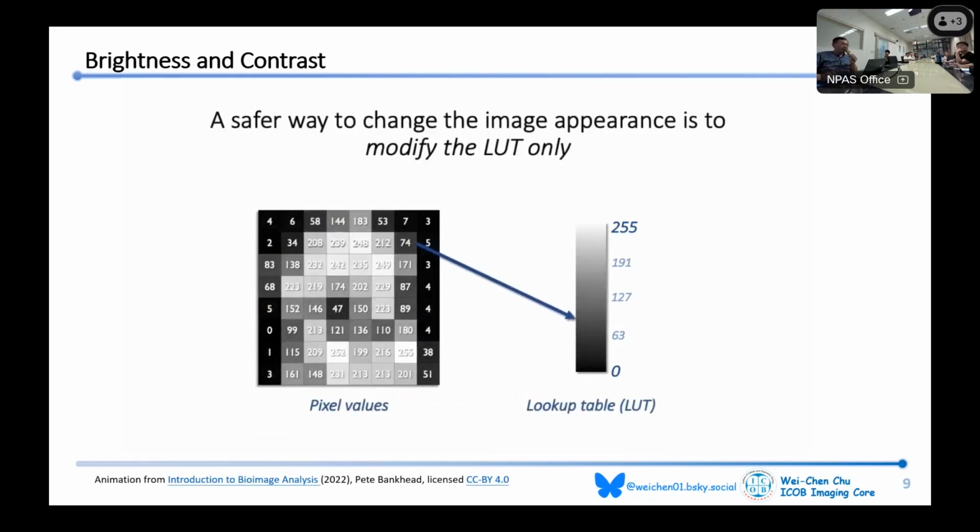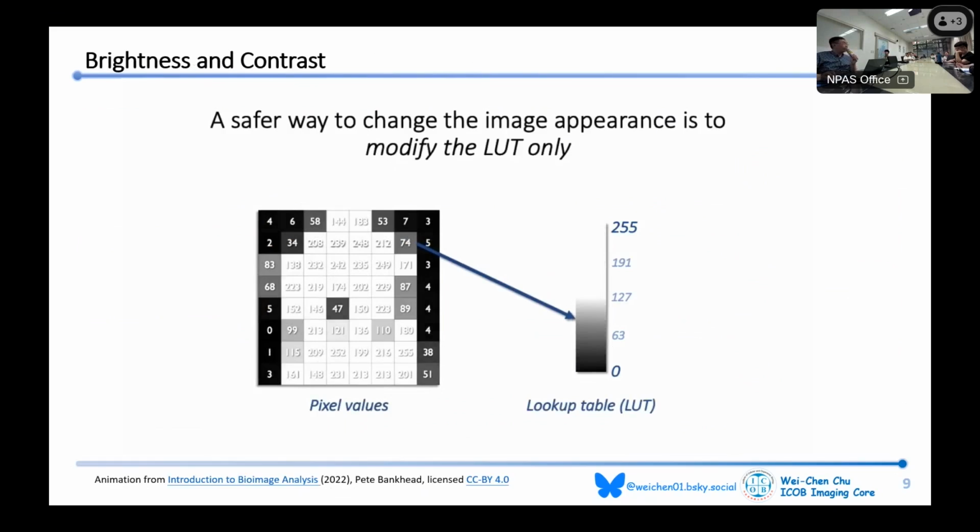The safe way to increase the brightness is to change the lookup table. So we change the lookup table so the picture looks different. The contrast is enhanced, but the pixel values remain the same. This is the most important concept I feel I need to tell you: lookup table and pixel value.